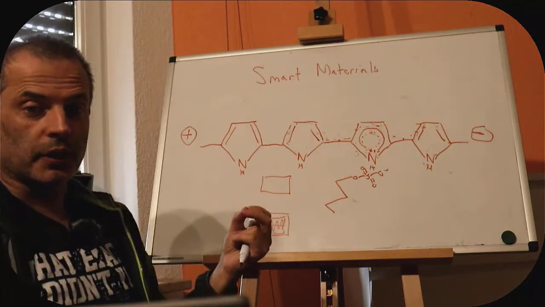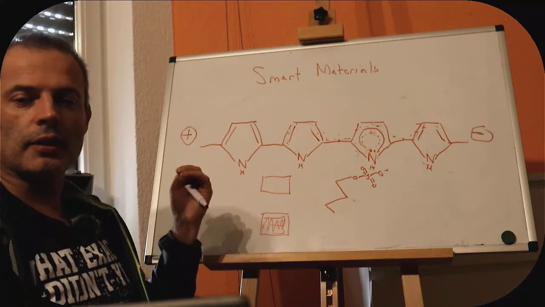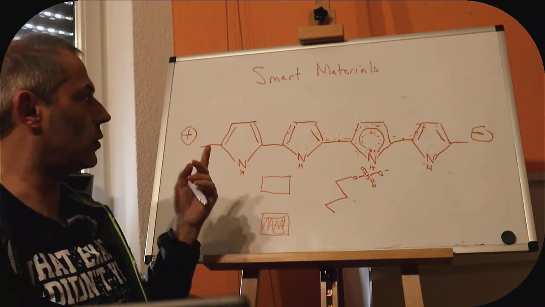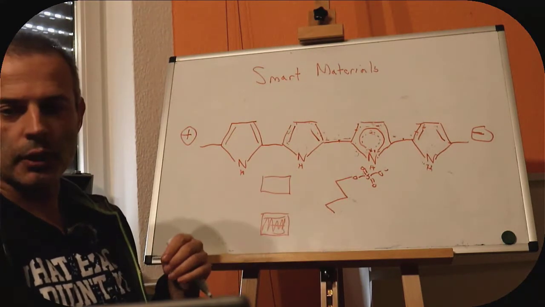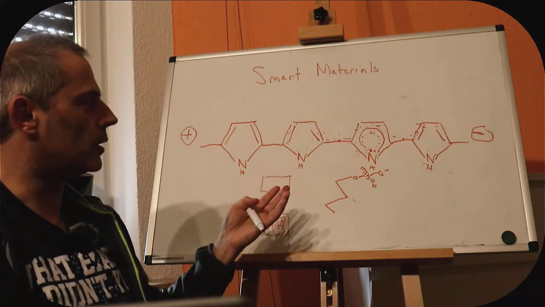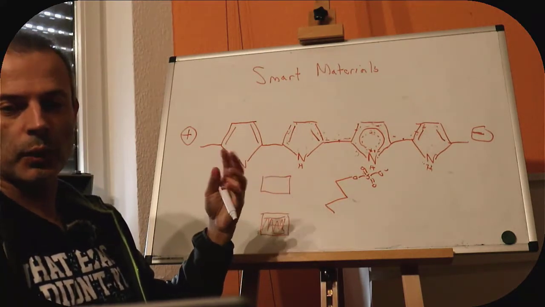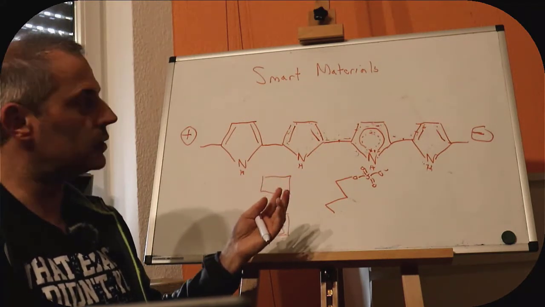What has this got to do with our subject? Well, this is now a material that will turn on and off in conductivity in response to a stimulus, which is now a redox stimulus. It's also a material which will swell and deswell in response to a redox stimulus.